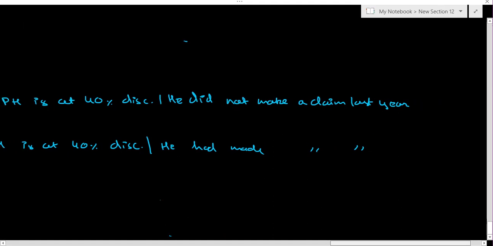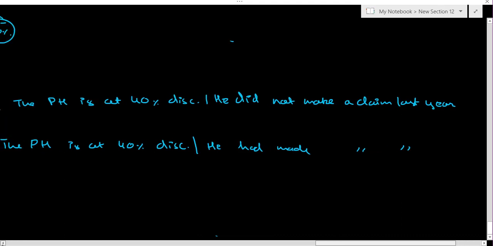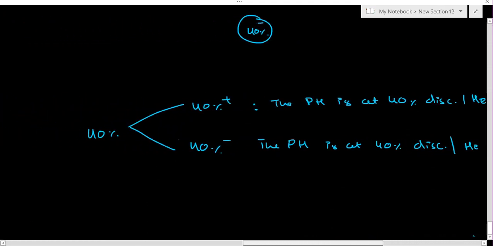Okay, so I've split 40% into two parts based on whether he made a claim last year or not, and there can be a similar split for 25% as well.